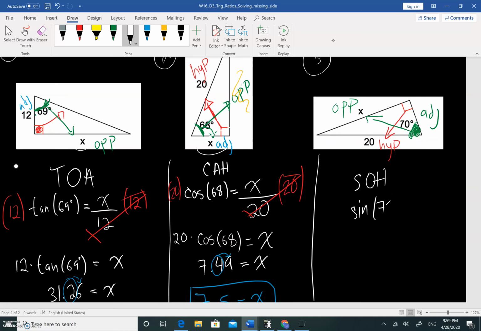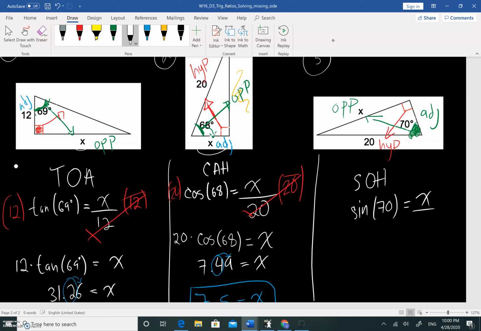So it's going to be sine 70 is equal to, which one goes first, the 20 or the x? Which one goes first, guys, the 20 or the x? So the x, right? So the one that goes first is going to be the O, which stands for x.